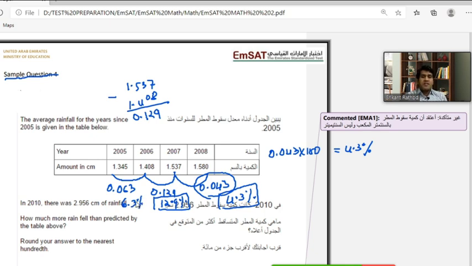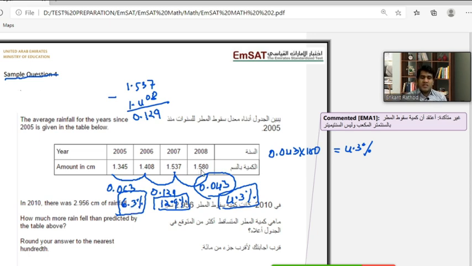While predicting the values, you have to take the intermediate values, not the maximum, not the minimum, the intermediate factor with which the rainfall is increasing. So the intermediate factor here is basically 6.3%. Based on this assumption, we say that approximately in 2010 also the rainfall will increase with the average of 6.3% as compared to the previous year.